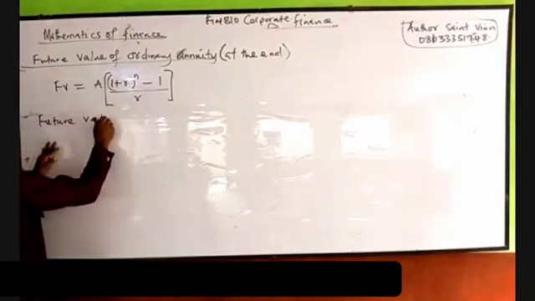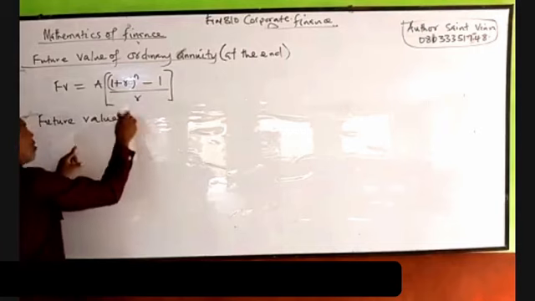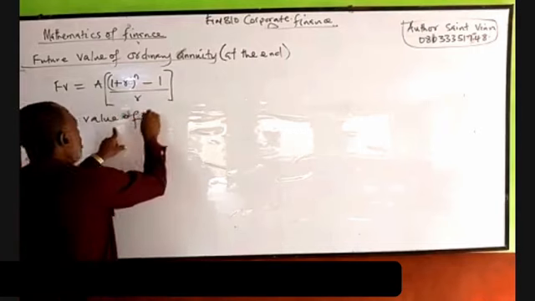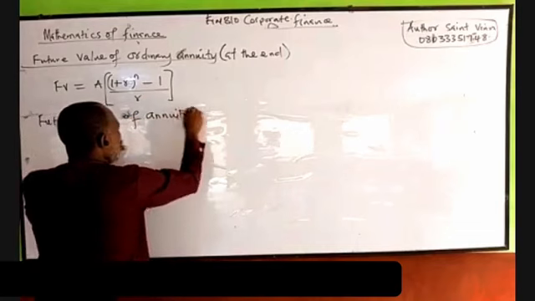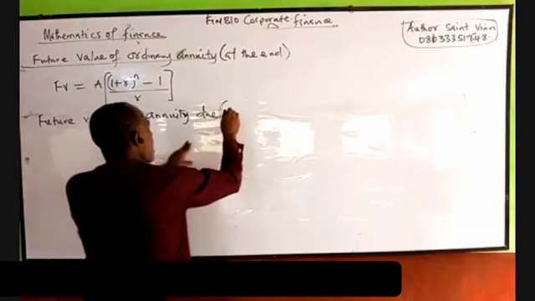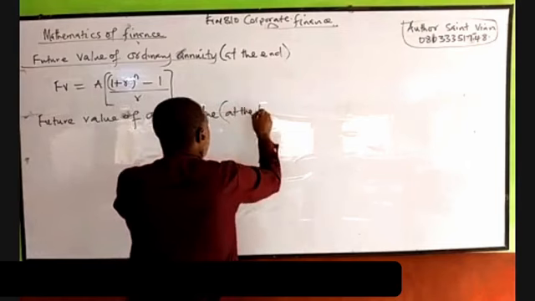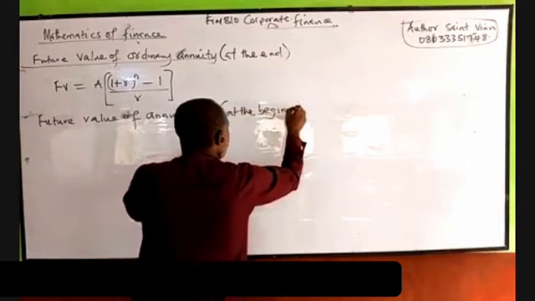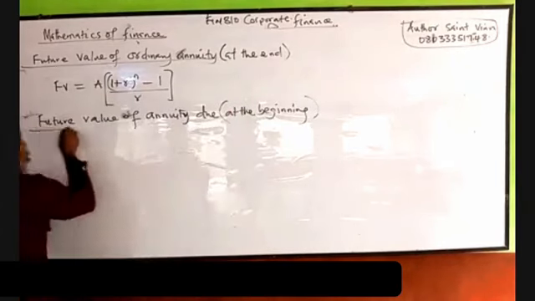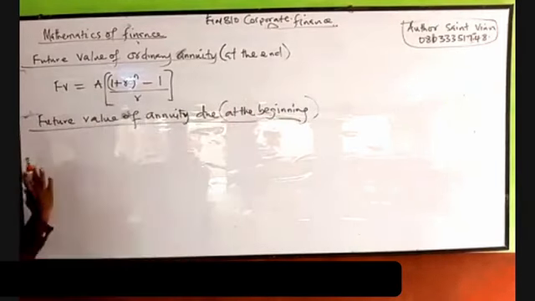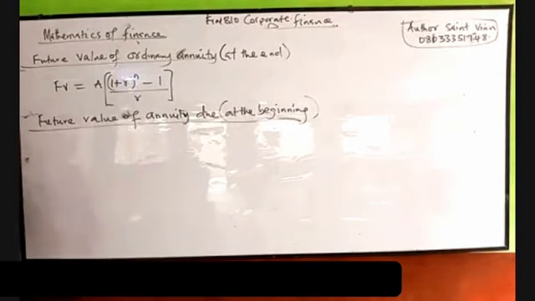Future value, we are just writing the formula now. Future value of annuity due, at the beginning. This is why it's beginning. My proving is not important, but what matters is the formula.